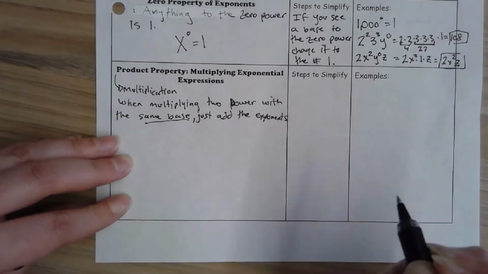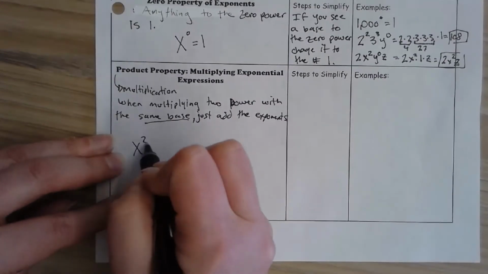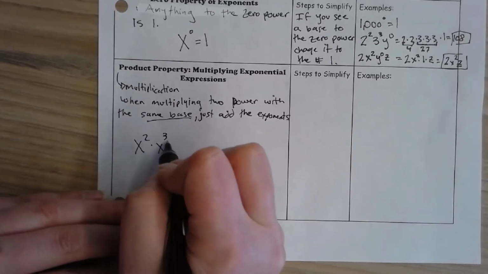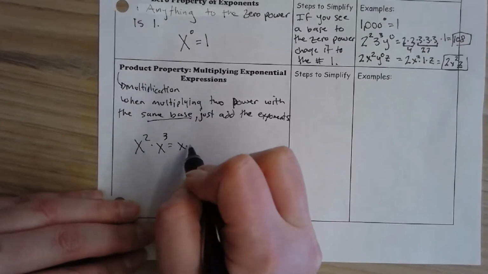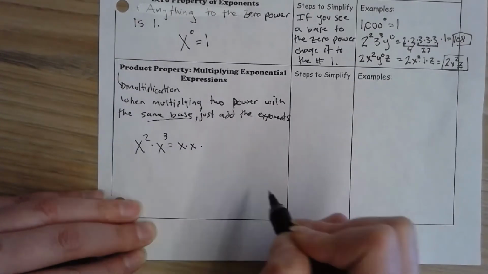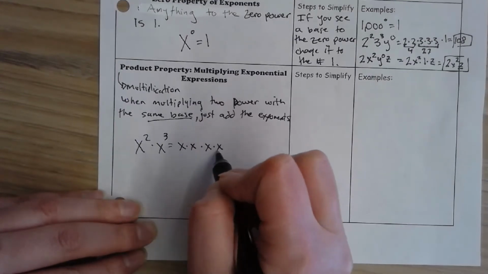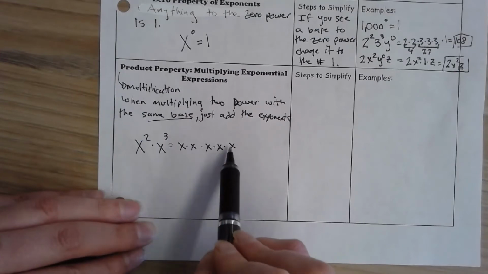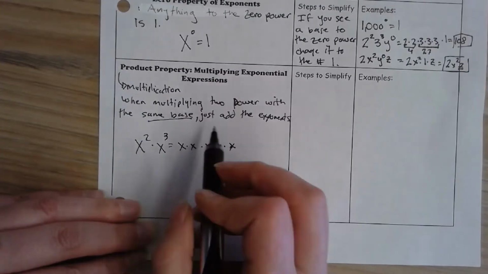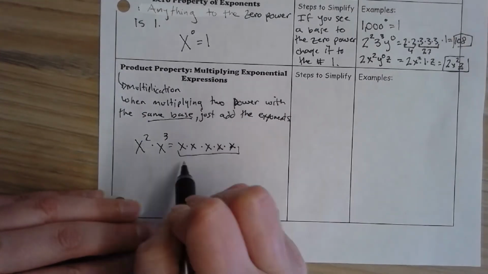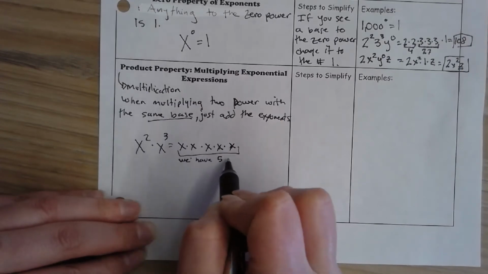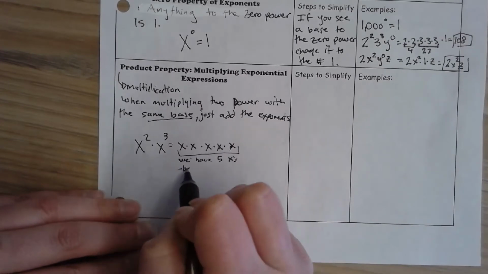So this is what I mean. If I had x squared times x cubed, x squared is x times x, and x cubed is x times x times x. If you notice, we have 1, 2, 3, 4, 5 x's being multiplied.